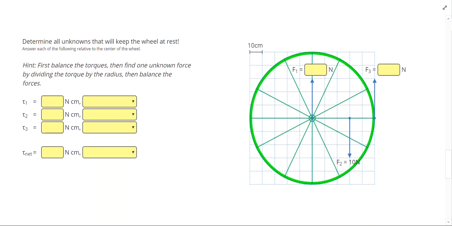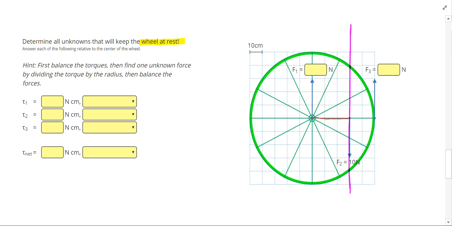Alright, let's take a look at another problem. Let's determine all unknowns that will keep the wheel at rest. Alright, let's start off by calculating any torques that we know. So we'll start off with force 2. I'm going to draw my line of action, count my radius out to the line of action.